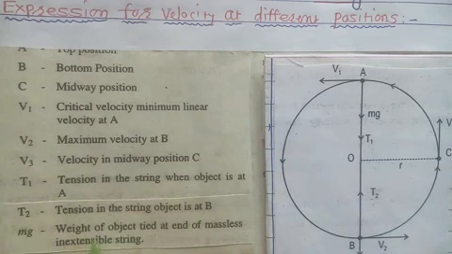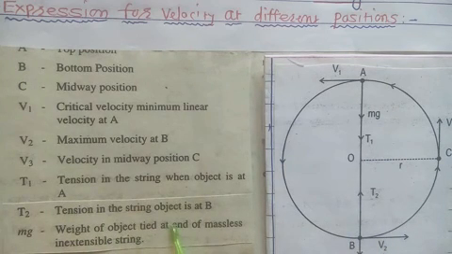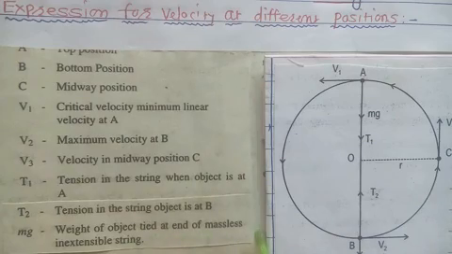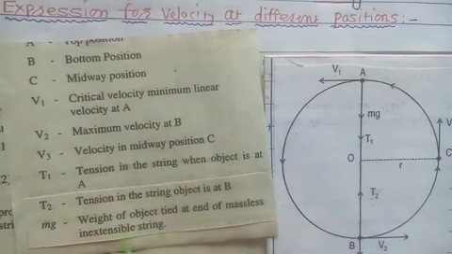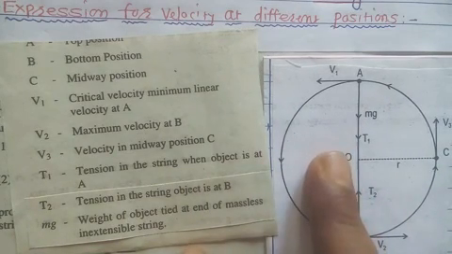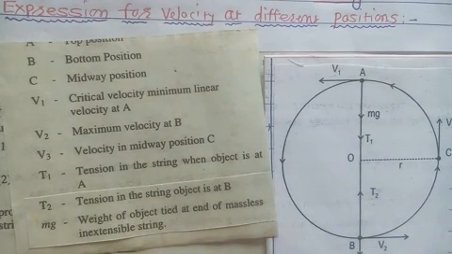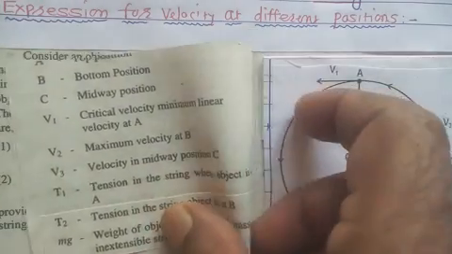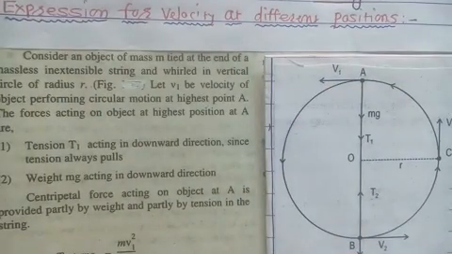Here mg is the weight of the object which is tied at the end of a massless inextensible string. Now we have to find the expression for the speed at different positions.